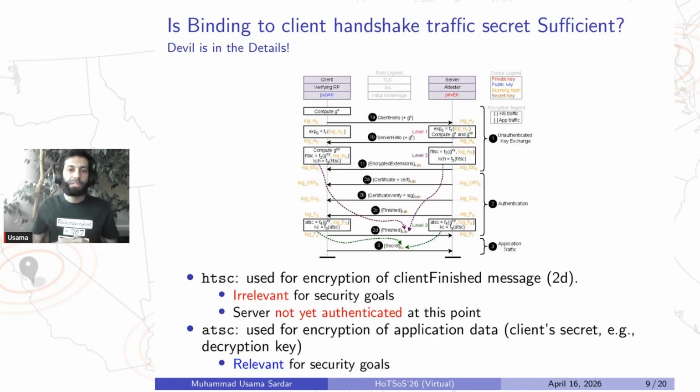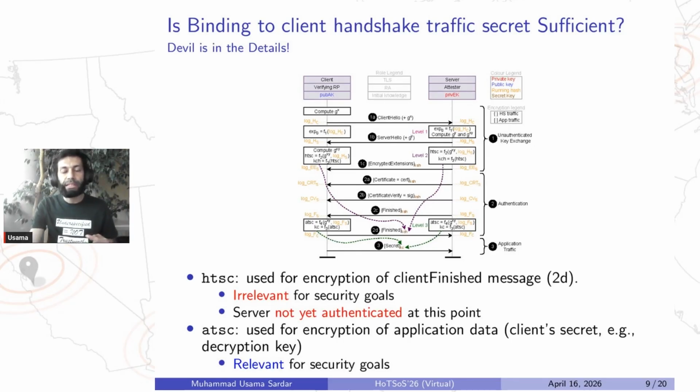Here is the thing which explains why the intra handshake actually fails to do that. Level 1 is GXY, as I explained. Level 2 is HDSC, and here we argue that the KCH, which is shown here, derived from the HDSC, is used to encrypt the handshake traffic, as you see in the finished message from the client up to the server.